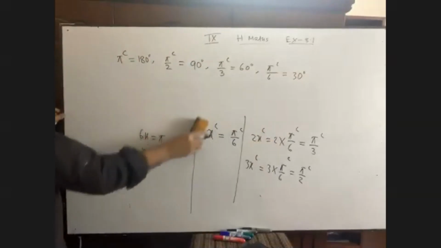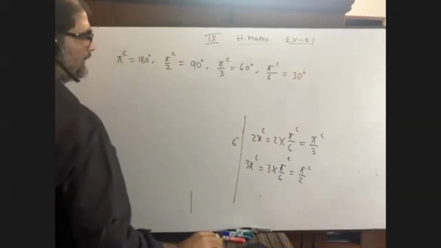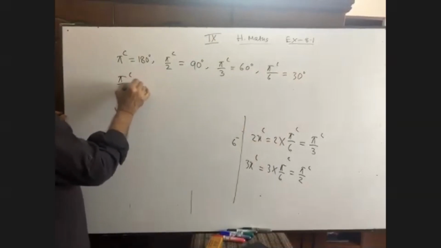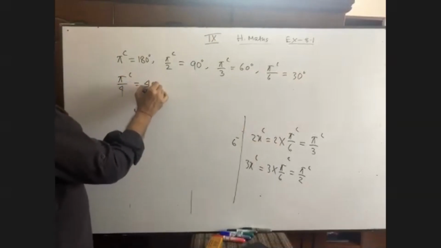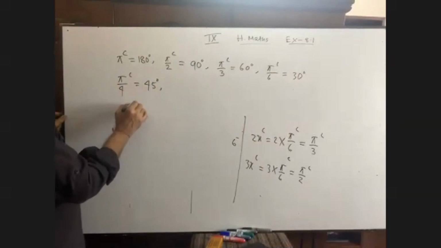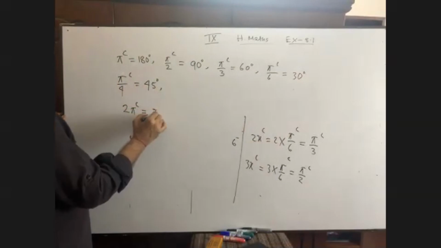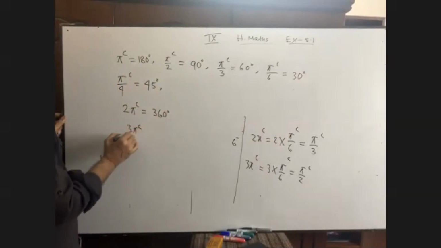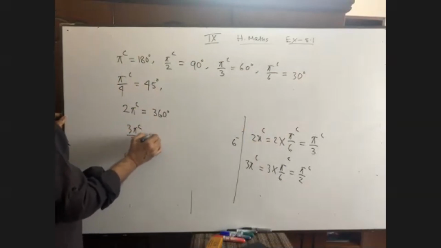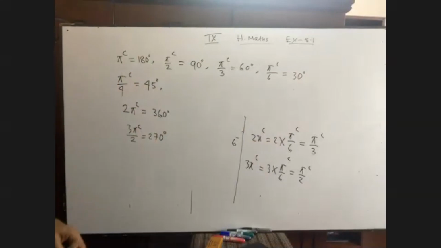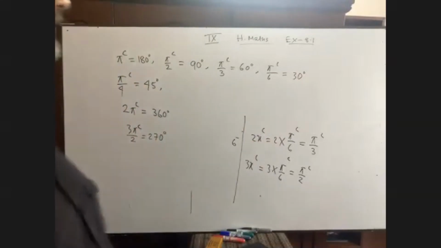Then pi by 4 radian. 180 by 4 equals to 45 degree. Then 2 pi radian equals to what? 360 degree. Then 3 pi by 2 radian equals to what? 270 degree. Okay, so I think you have got it.